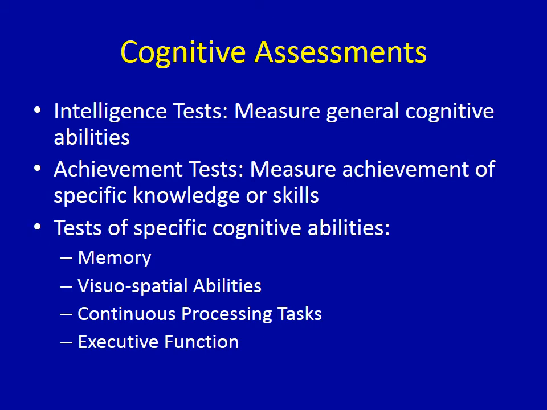So is an individual able to inhibit responses appropriately? Not every assessment will include all of these tests of cognitive abilities, but depending upon the reason that a person is being assessed, it may be valuable to include some of these cognitive assessments in order to provide information about that individual's experiences and important elements of their experience related to their cognitive functioning.